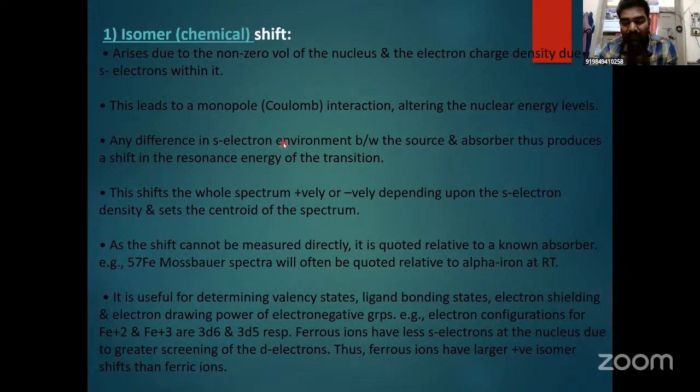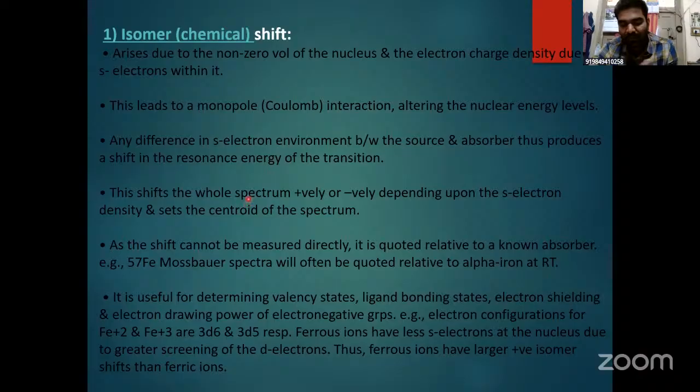The shift is different in different chemical compounds, which is also a reason it is known as the chemical isomer shift. It is frequently referred to as the isomer shift or chemical shift.